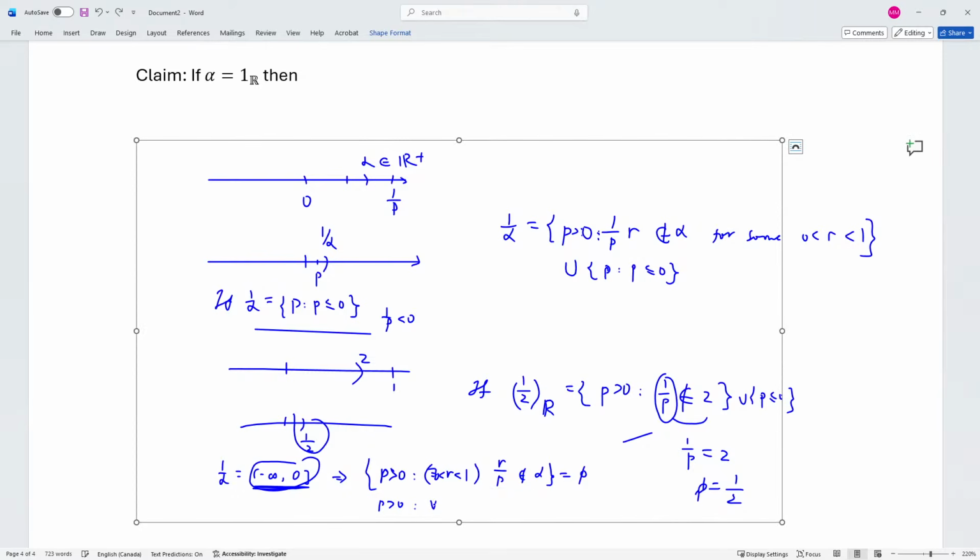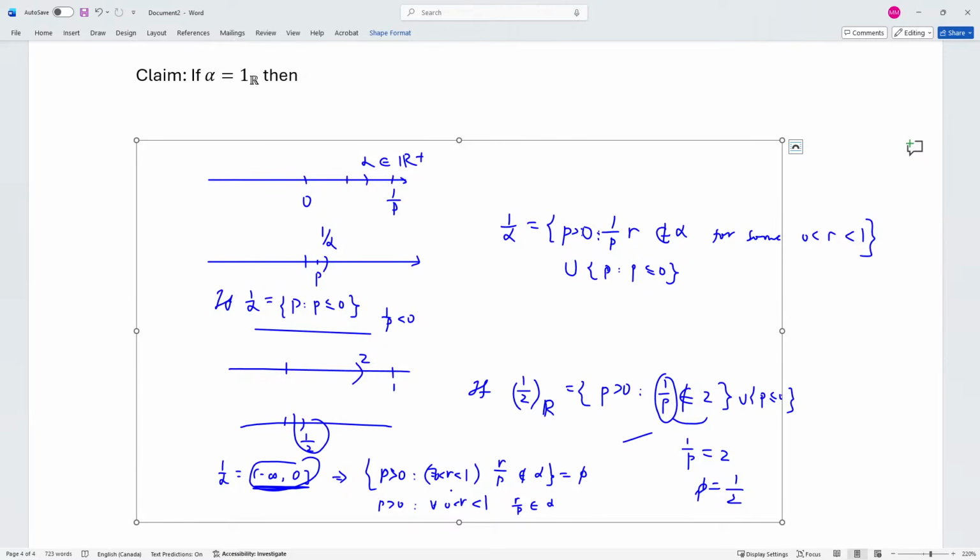That means for every R greater than 0 and less than 1, R over P is in alpha. That's the negation of this statement.